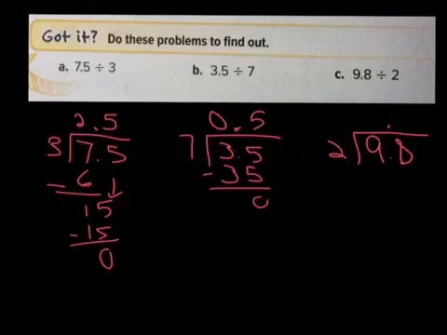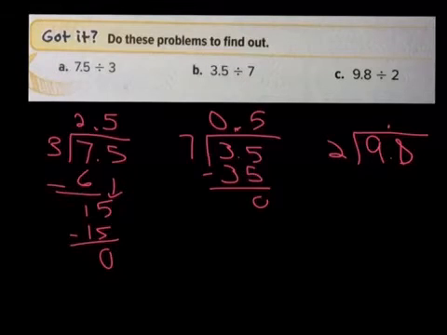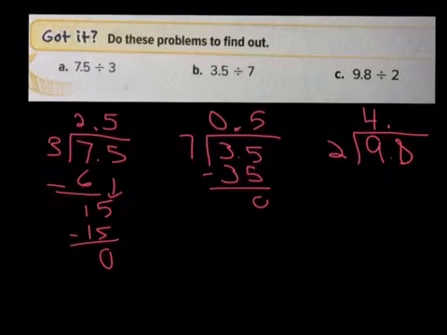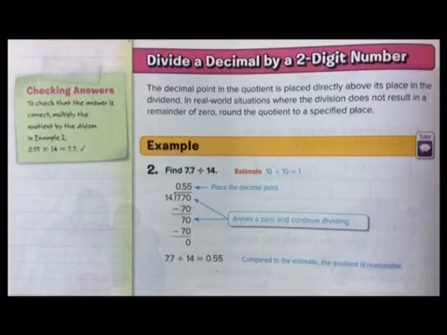And then we have 2 into 9. How many 2's are in 9? I have 4, right? Gives me 8. Subtract 1, bring down the 8. I have 18. 2 times 9 is 18. And there's my 0.